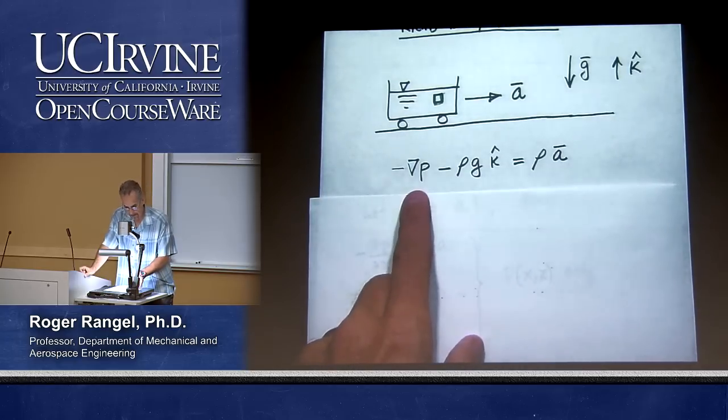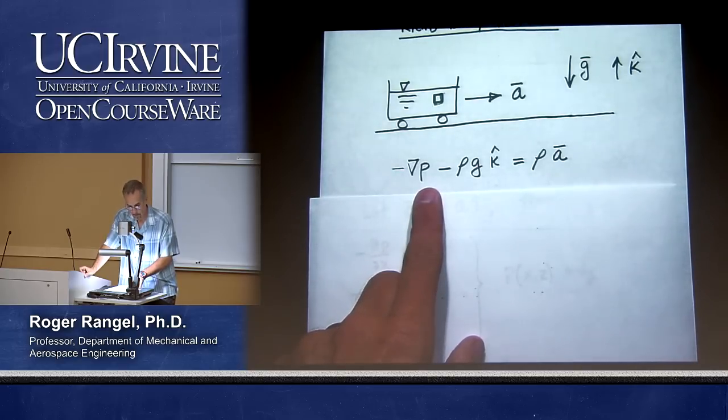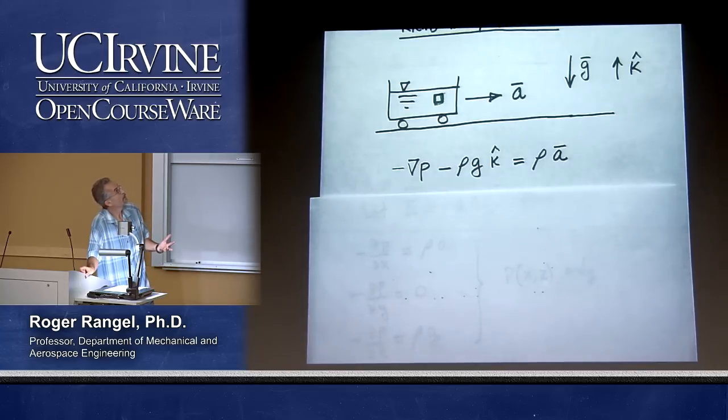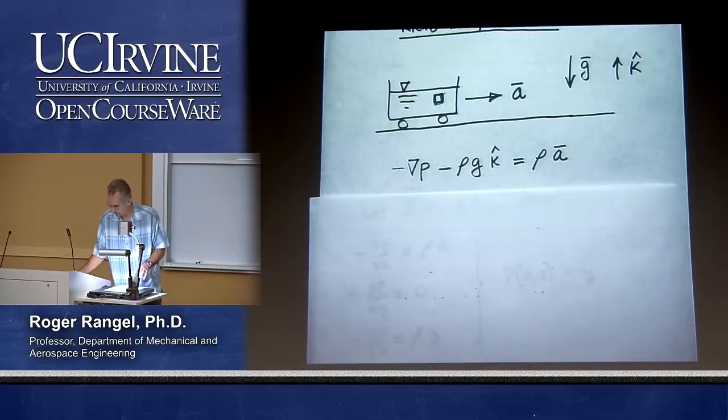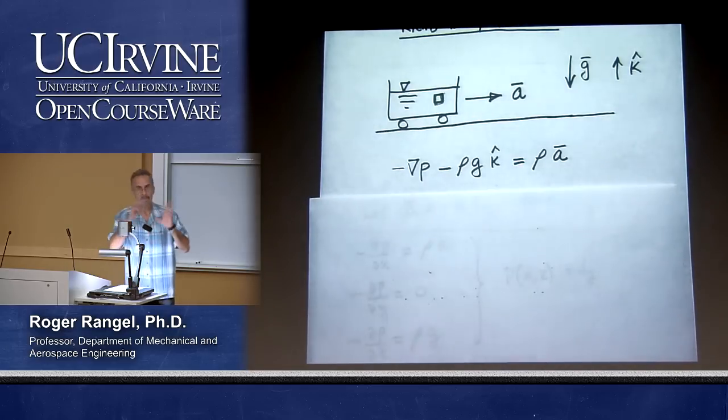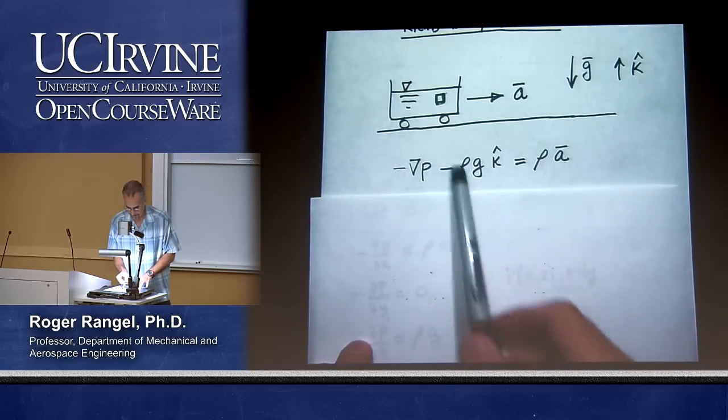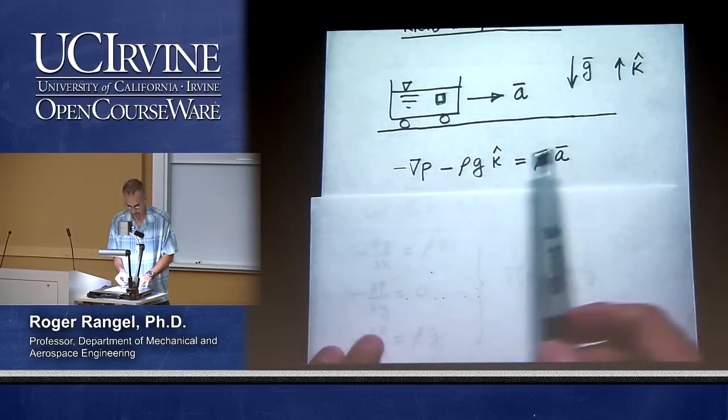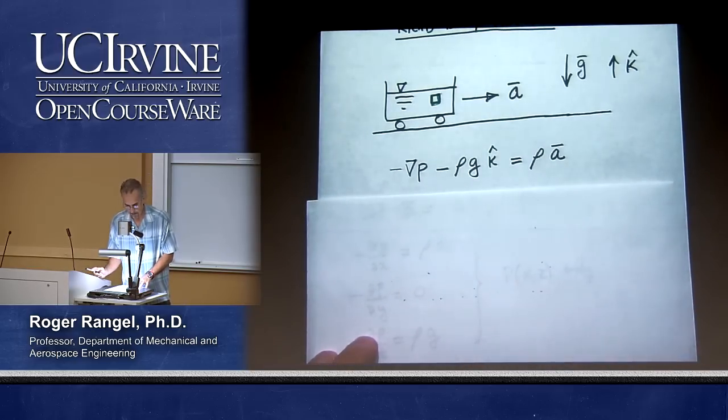So I have a term, the negative of the pressure gradient, which represents the forces per unit volume acting on this element due to the fact that there is a pressure field around that element. Then we have the weight of the element, again per unit volume.